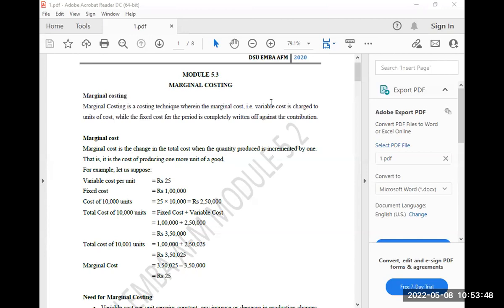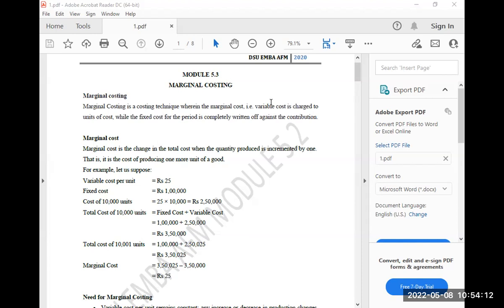Factory premises has been taken for rent. Sometimes production is happening. Due to lockdown, no production is happening. Zero production. Rent is to be paid, irrespective of your level of operation, irrespective of your level of utilization. The amount is to be paid, the cost is to be incurred. Those costs are called fixed cost.